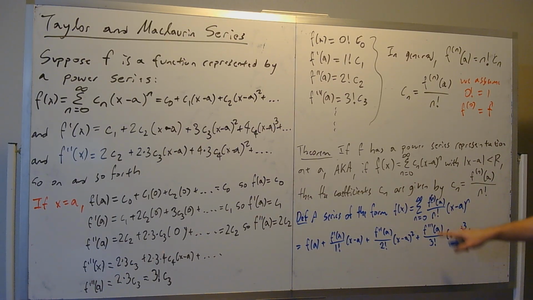So that's just writing out all of the terms, just plugging in each value of n into here. This is what we get.